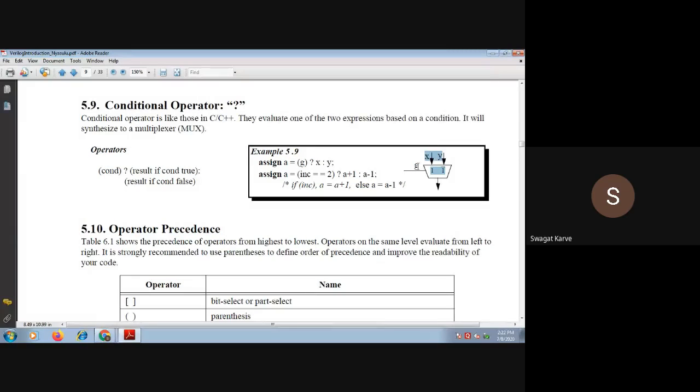If the condition is g, in this case, if g is equal to 0, then x, and if g is equal to 1, then y. So in this way, you can use this conditional operator.